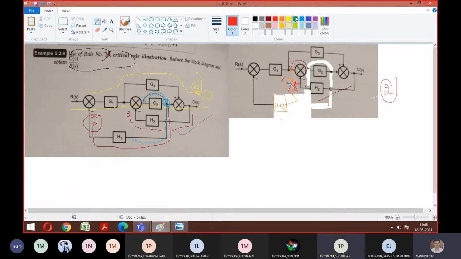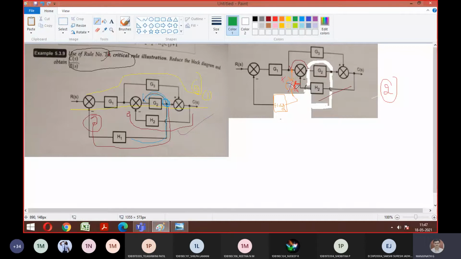Now observe the diagram carefully. Two feedback paths are connecting to this common summing point. So what type of separation should we do here? This type of problem you already solved, no?